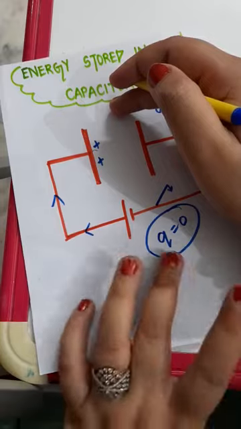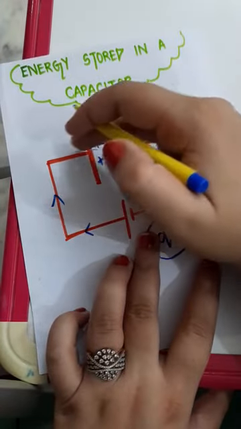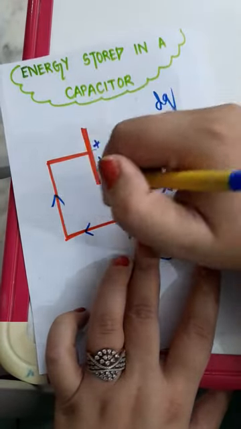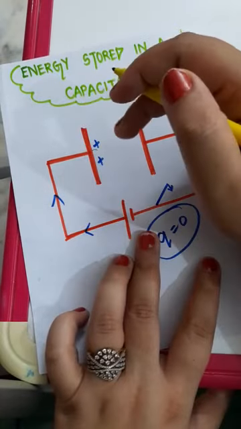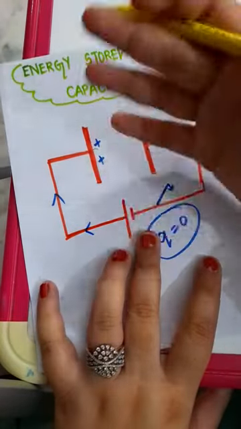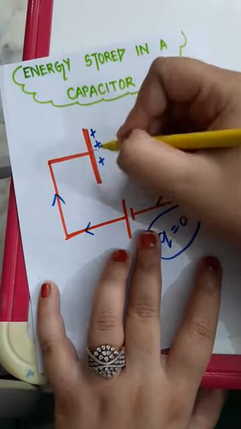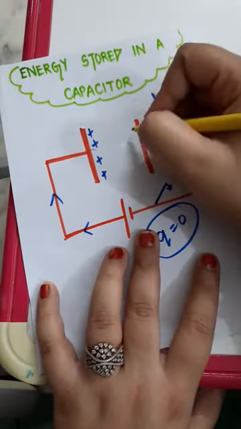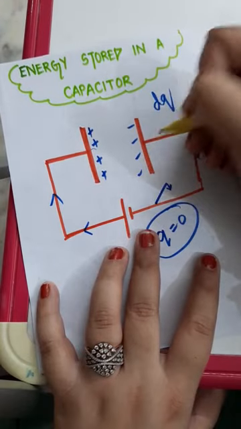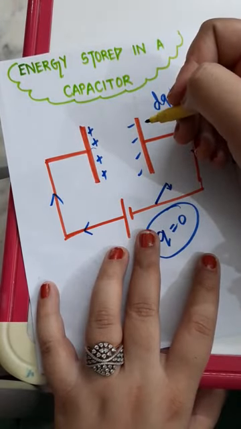Because of its higher potential, the positive charges are eventually moving to this plate, and ultimately a stage will come when this will become fully positively charged, and due to induction this will become fully negatively charged.